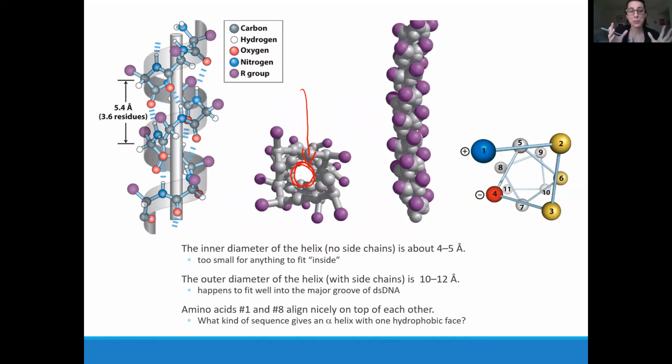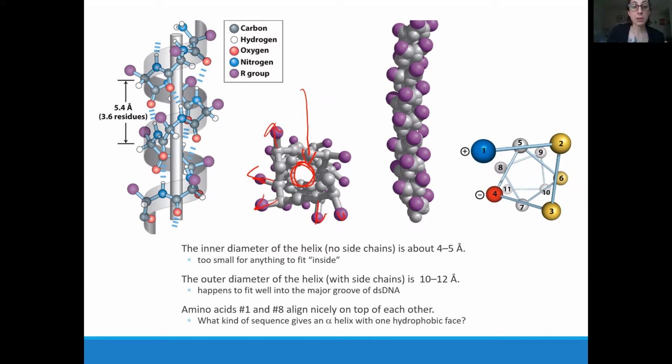It's too small to fit anything inside. So the R groups cannot fit inside the helix because that diameter is small, and that again is why they end up pointing outward to the outside of the helix. These purple groups are the special R groups, whatever they may be, of that particular amino acid.